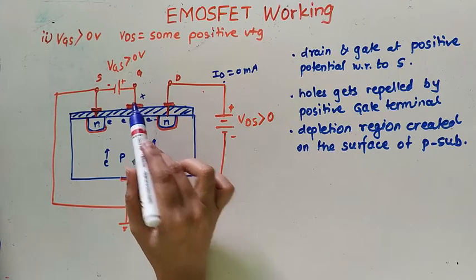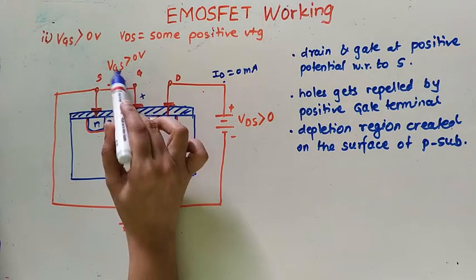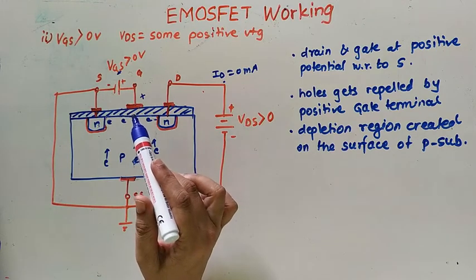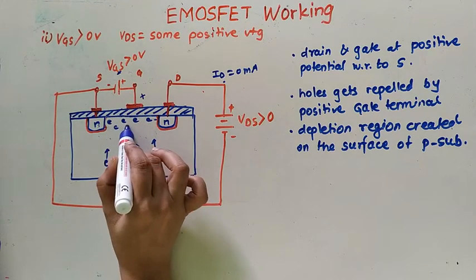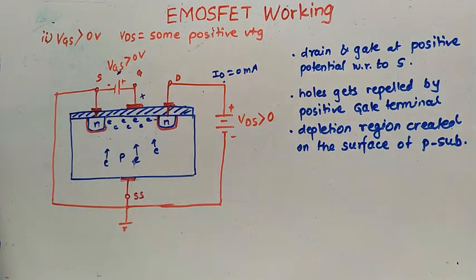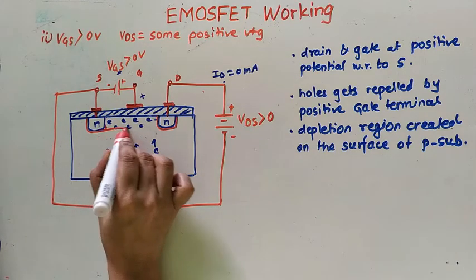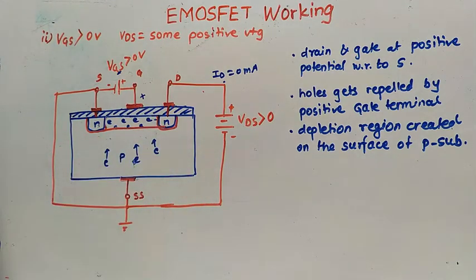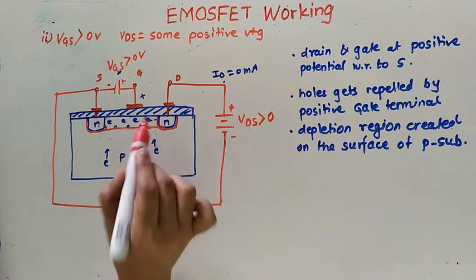Now as we increase the VGS voltage, or the magnitude of this VGS, the concentration of electrons at this surface will go on increasing, and here the channel will get established between these two n-type doped regions. So in this way the channel will be established.